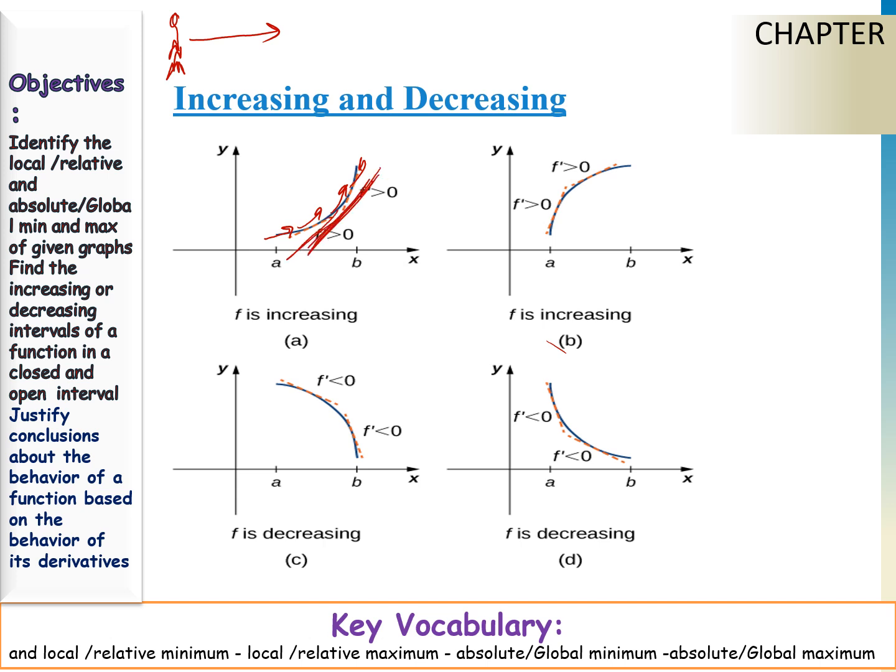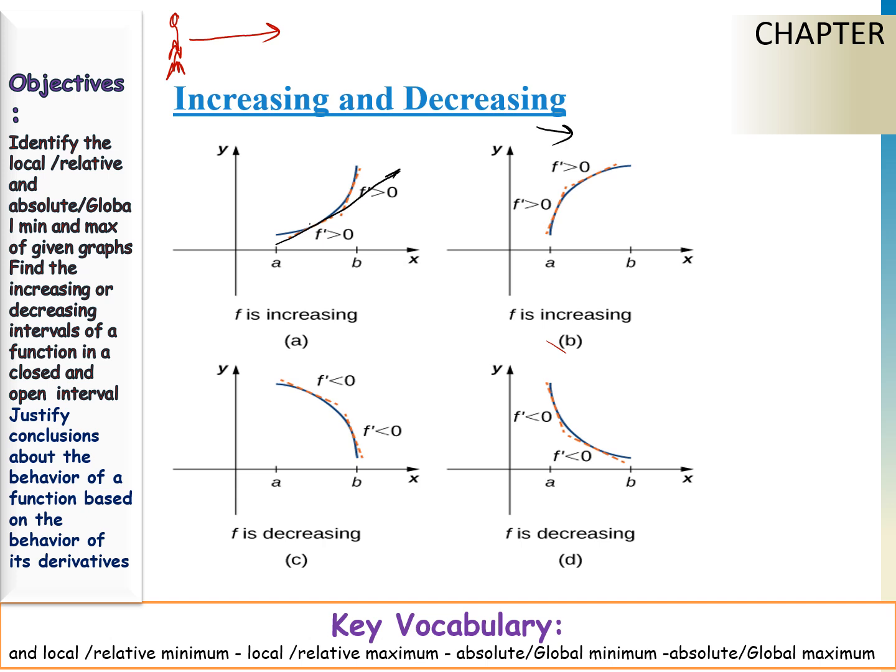The slope is positive. So wherever you make a tangent line over the graph, the slope is positive. So if the slope is positive, it means the derivative is greater than 0. It means the function is increasing.